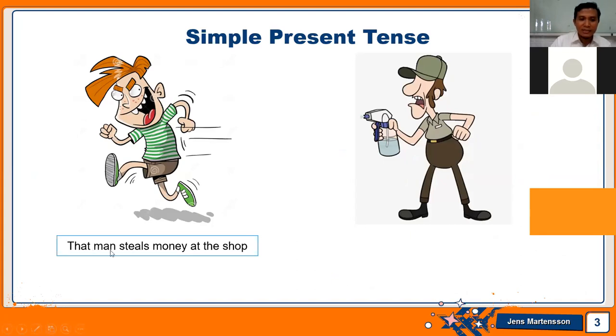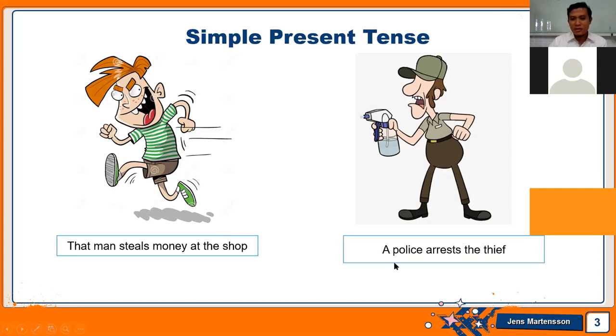The man steals money at the shop. That's why he ran away. Okay, and then a police arrests the thief. This is an example of simple present tense. A police arrests the thief. The man steals money at the shop.